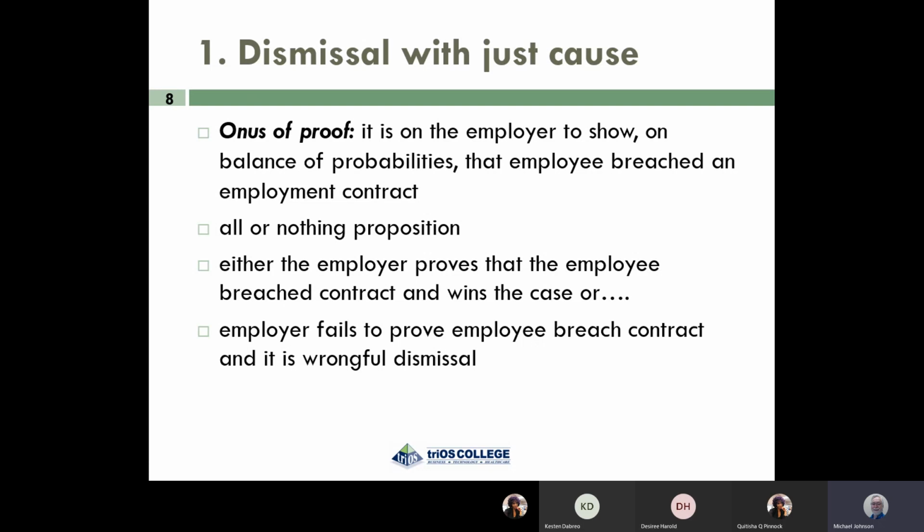And they will receive some kind of a judgment, either from the Board of Labor or from a court. So once again, the onus of proof is definitely on the employer's side, having to prove that there is a reason why dismissal must take place.